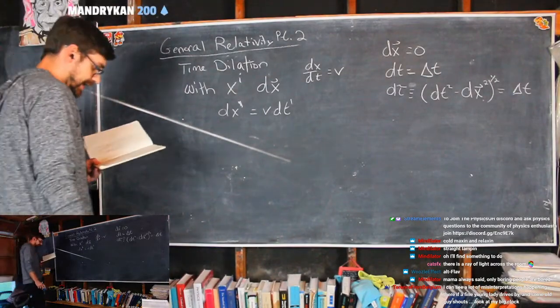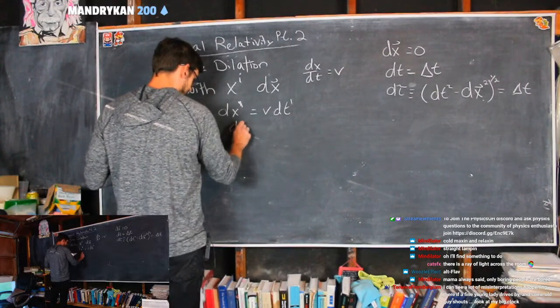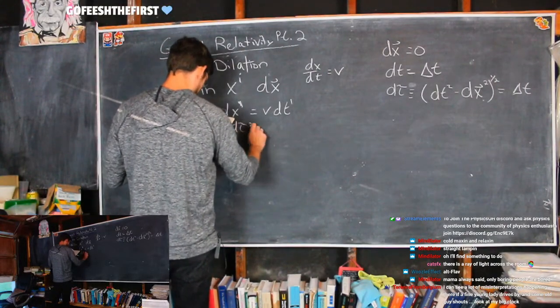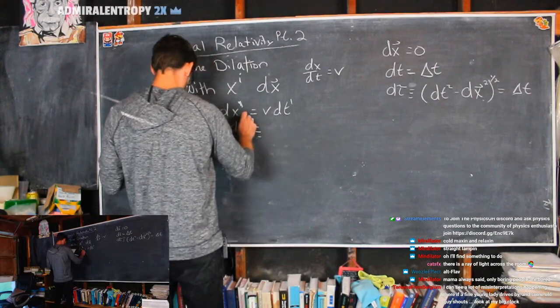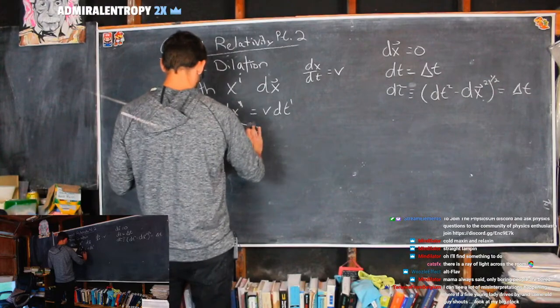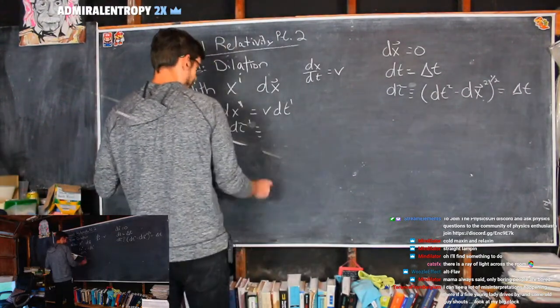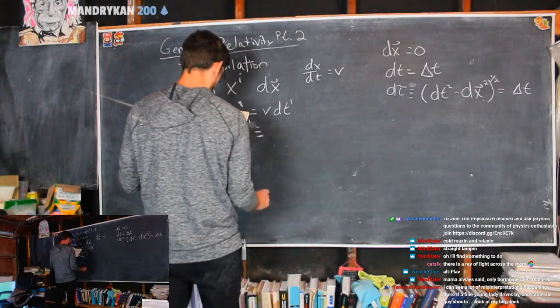Now, this is what observer 2 sees. Observer 2 sees d tau prime. And what is going on with that?